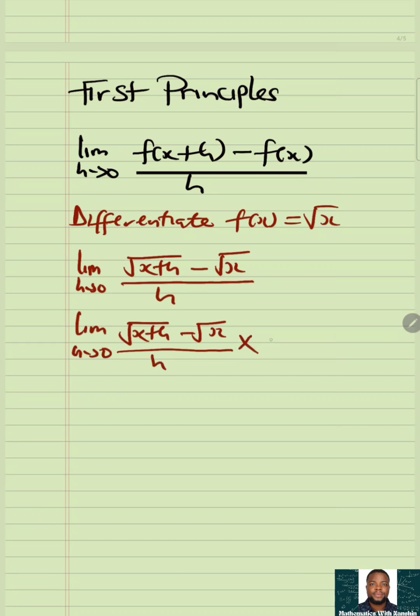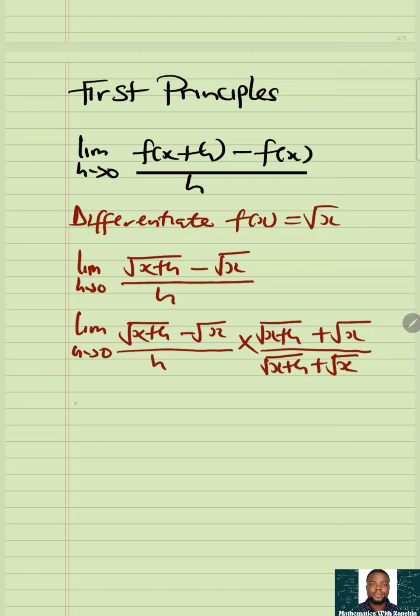You're multiplying by the conjugate, root of x plus h plus root x. The original surd is negative, the conjugate is positive. You are multiplying both the numerator and the denominator by the conjugate. So this is what you have.